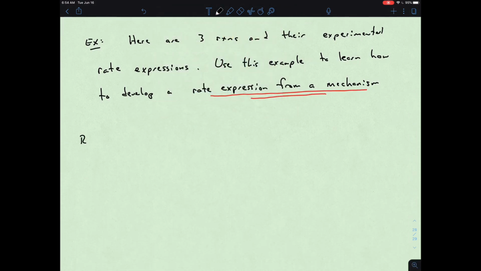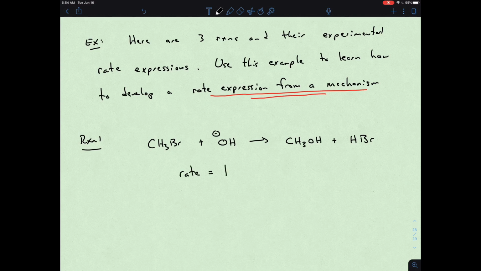So let's say we have reaction 1. In reaction 1, we have methyl bromide plus hydroxide produces methanol and HBr. And when we do the rate expression determination using our data, we find our rate is equal to little k times the concentration of the methyl bromide times the concentration of hydroxide.